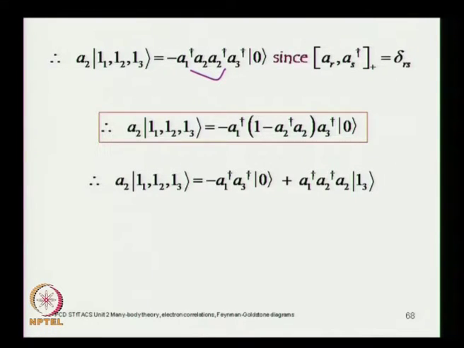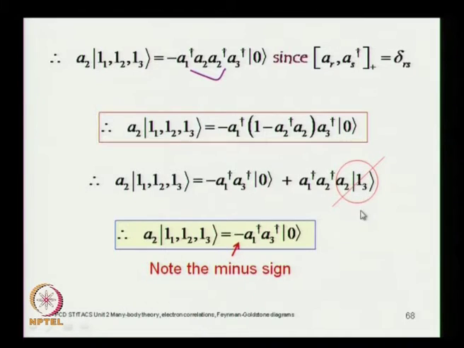So, this term will vanish, because the operand of A2 has got an electron, but not in the state for which the destruction operator is A2. A2 can destroy a particle only in state 2, not in state 3.